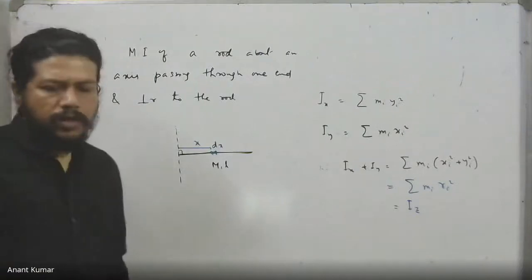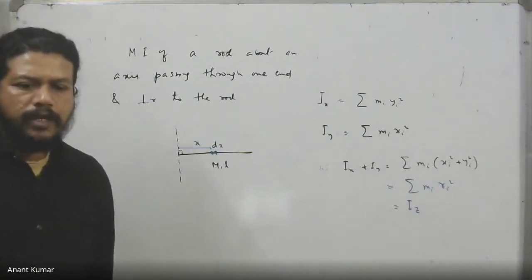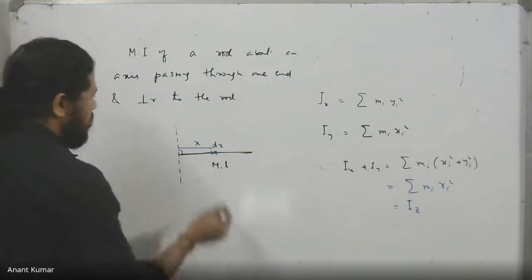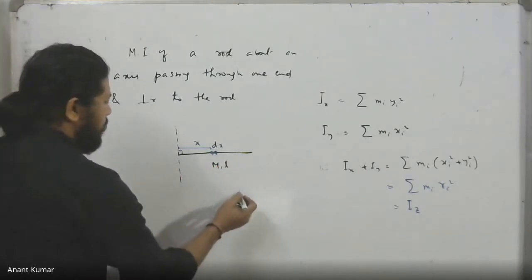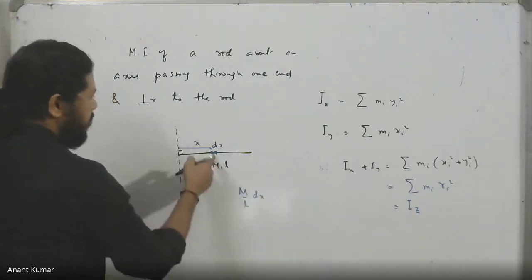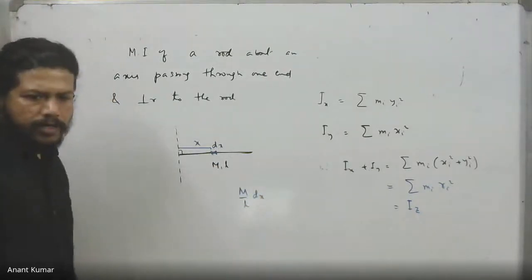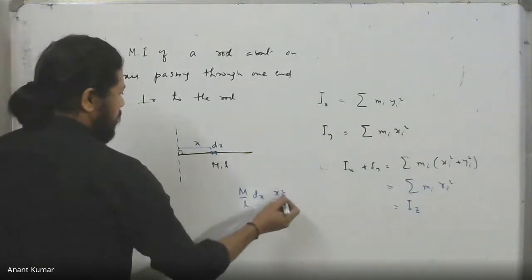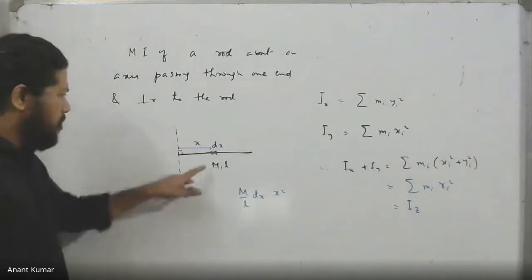It's such a small length that you can treat it almost like a point mass. If I consider the mass of this element dx, that will be nothing but m by L into dx. So for this point mass, the moment of inertia becomes the mass into x square.